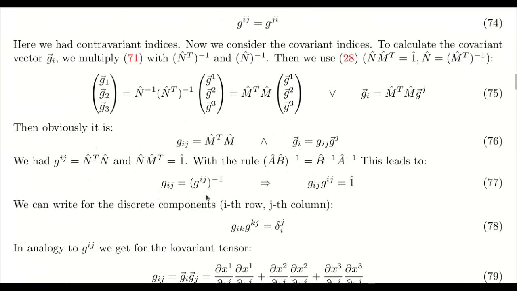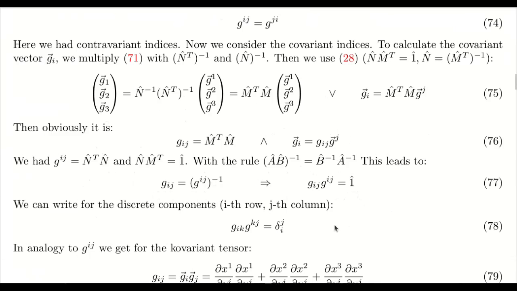The inverse of the contravariant matrix G is the covariant matrix G, or vice versa. And that also means if we multiply both matrices, then we would get the unit matrix. Okay, here we must be careful with the writing. If we do it like we have written it here, we wouldn't get a matrix, that would be a scalar.